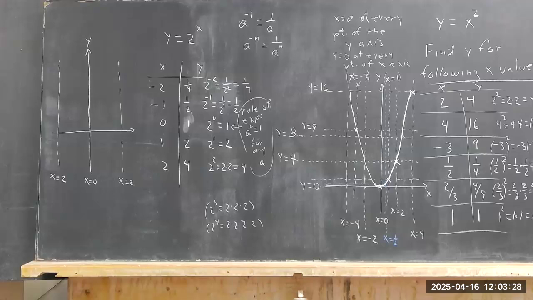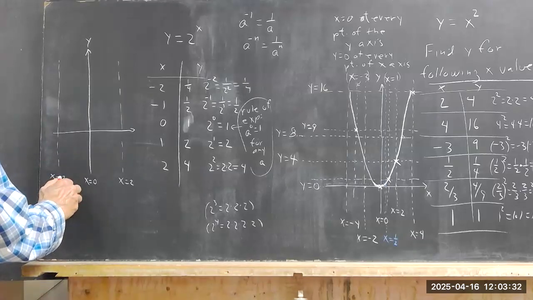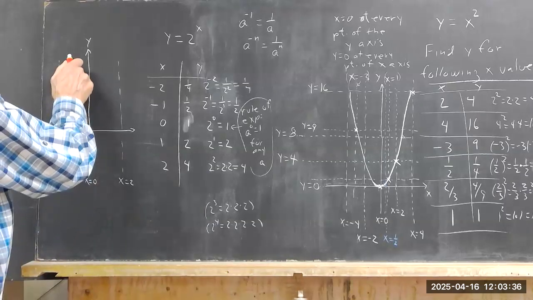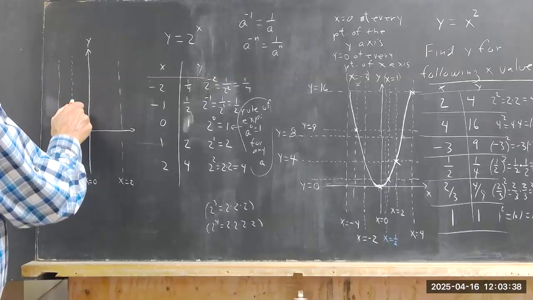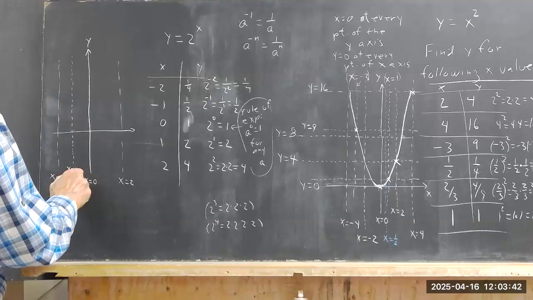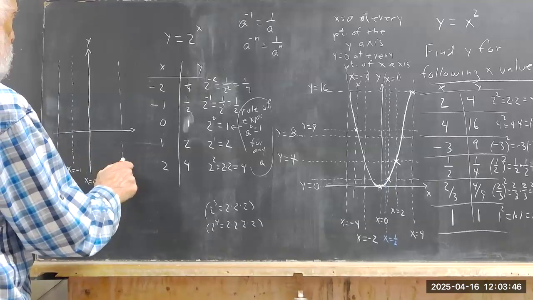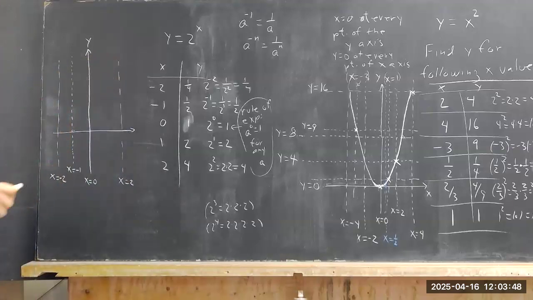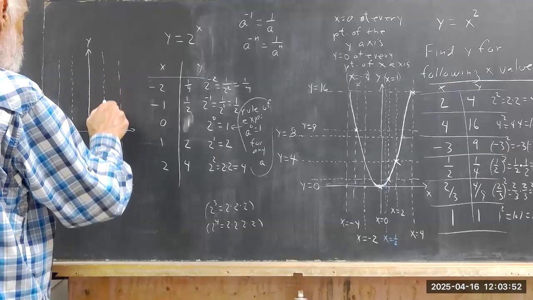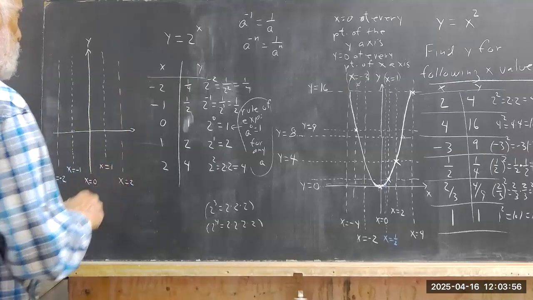Then halfway between -2 and 0 is about here, so I draw a vertical line. We'll call this x equals -1. And then halfway between 0 and 2, we draw a line and call that x equals 1.